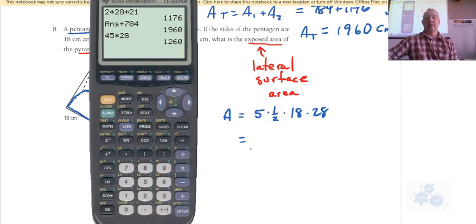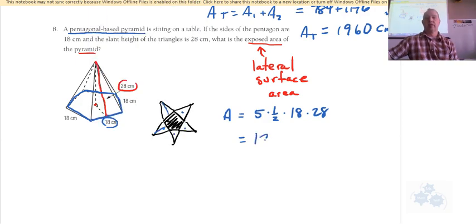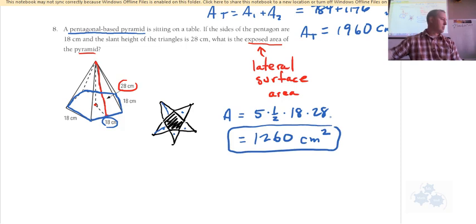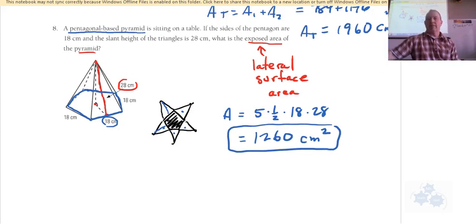Can you confirm that? Somebody else got that? Okay. And then make sure we have our units. It's area, so it's units squared. Yeah, 1,260 I have in my book here. So that's number 8.